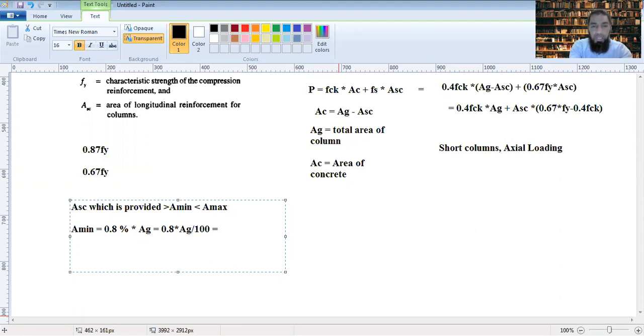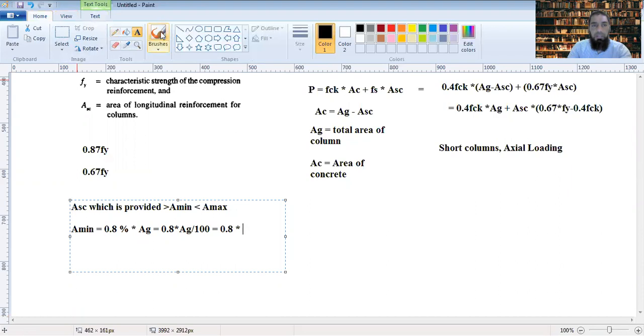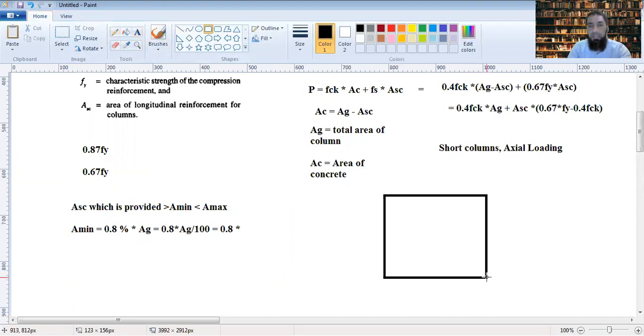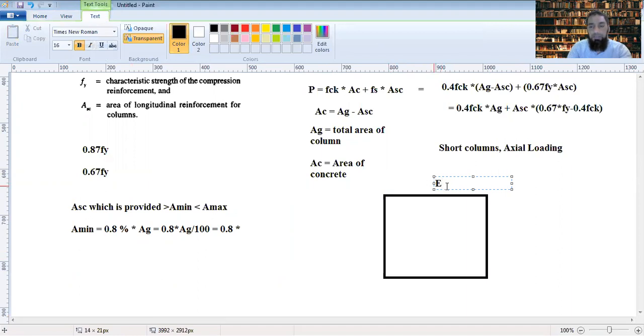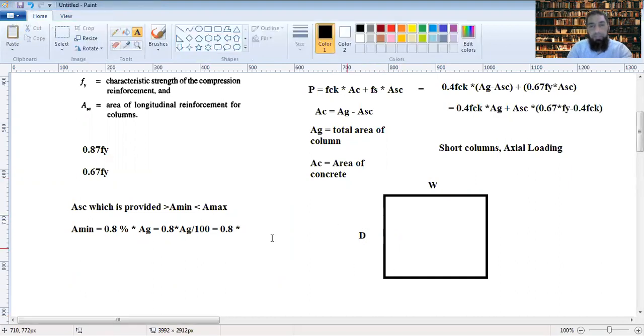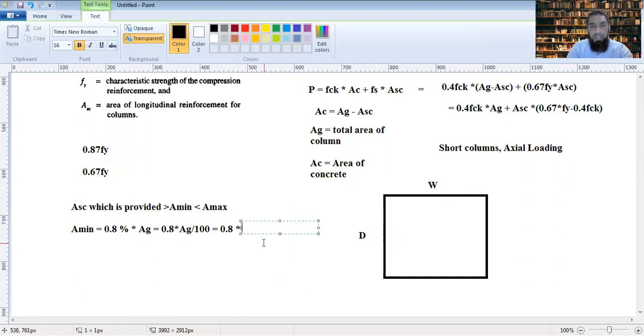Now, what is your AG? If your column has a certain width and it has got a certain depth, then your AG will be W into D. So this is your A minimum.